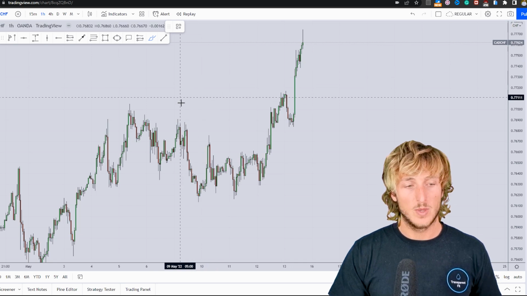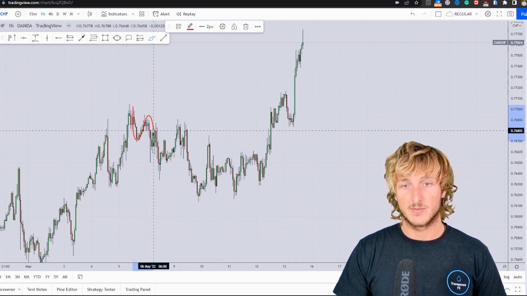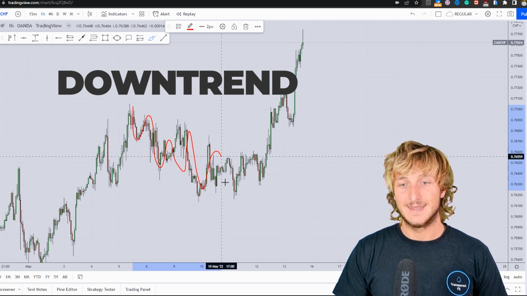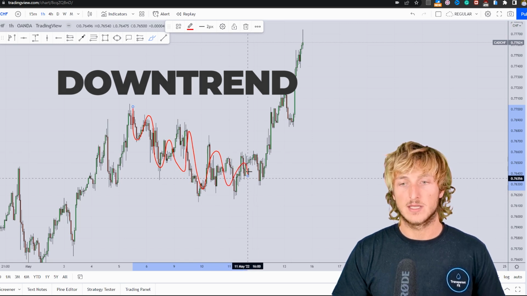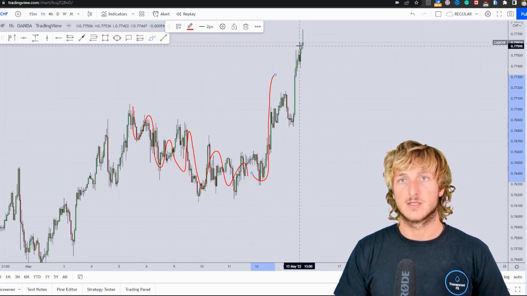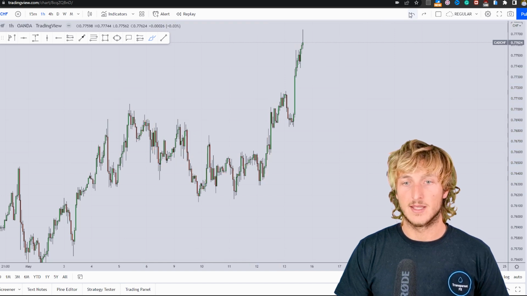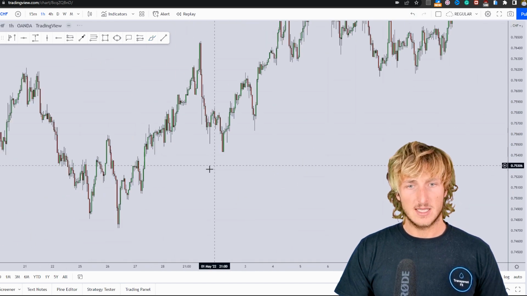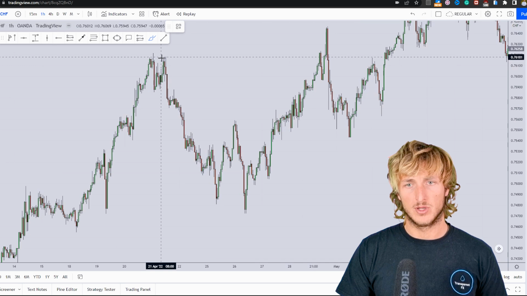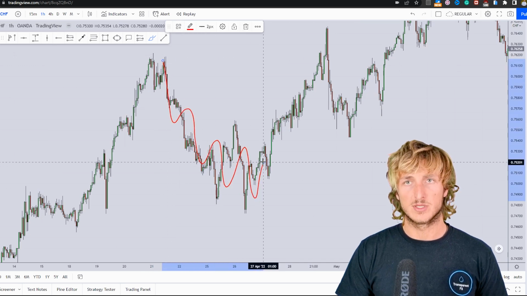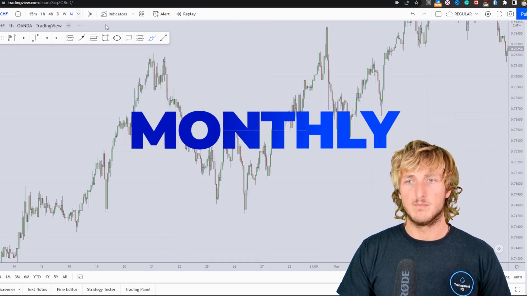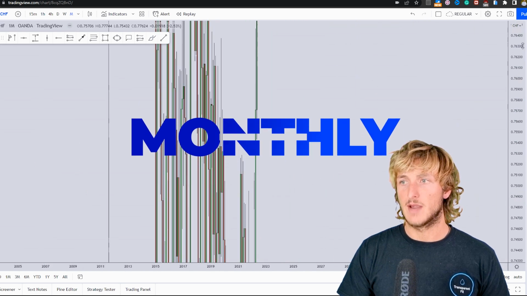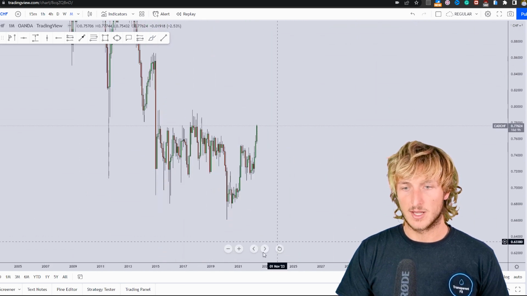In fact, we can easily notice how the market was actually in a downtrend from a 1 hour perspective and has actually just started to move again in an uptrend. And we can see that actually we had multiple downtrends from a 1 hour perspective, while on the monthly, clearly everything was just going straight up.